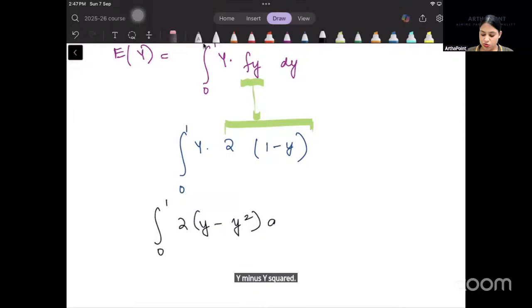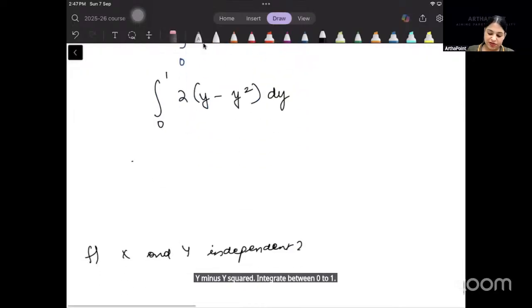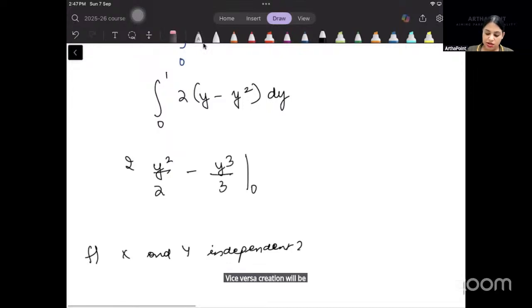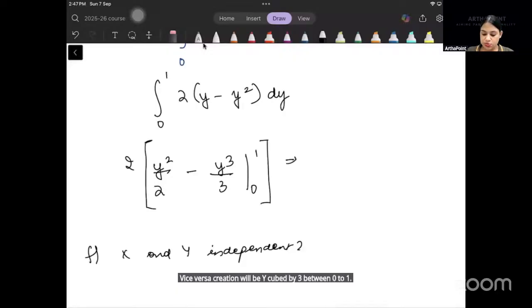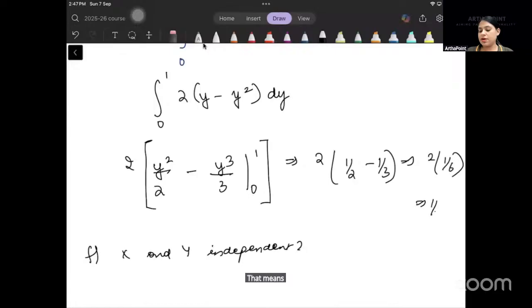Integrate between 0 to 1. So this will give me 2 times y square by 2 minus y cube by 3 between 0 to 1. So beta this will be 2 times 1 by 2 minus 1 by 3, 3 minus 2, 1 by 6. That means 1 by 3. So answer will be 1 by 3.